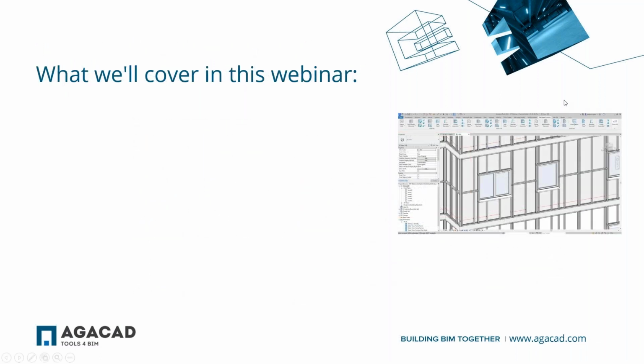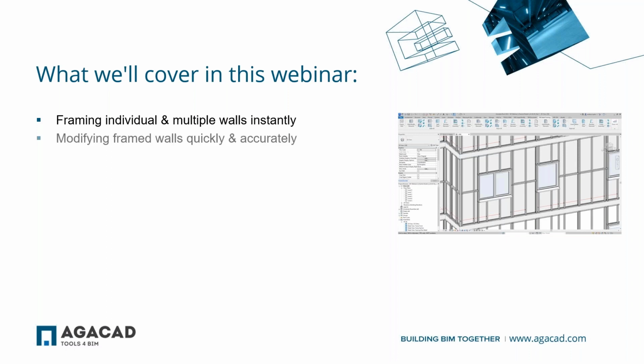And to be more precise, we'll be covering subjects like how our framing solutions can help you save time and minimize human error when framing individual or multiple walls, and how it can help you when you need to modify those frames or create and update drywall layouts.